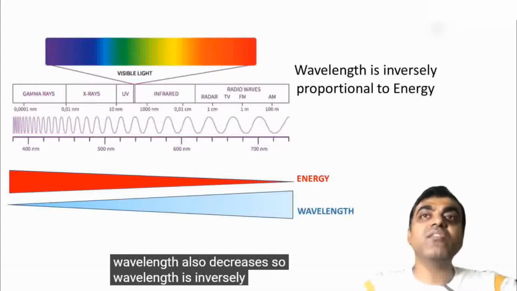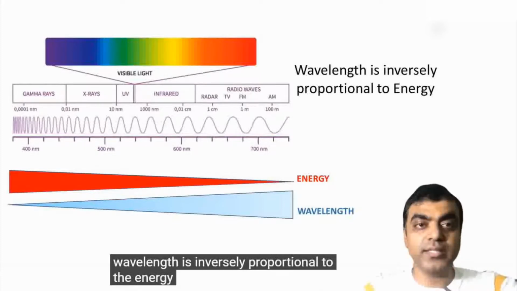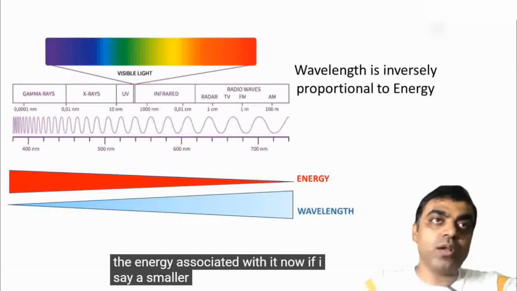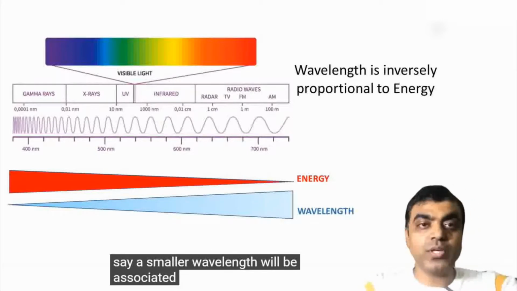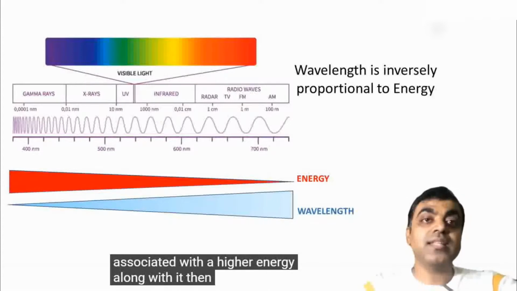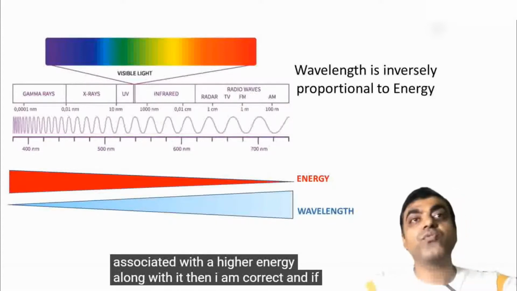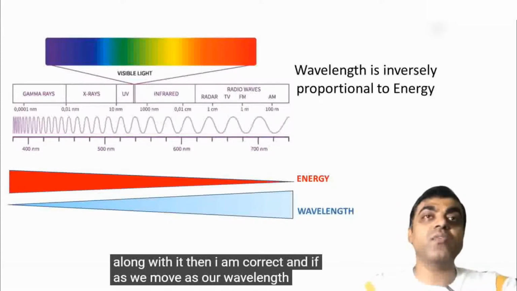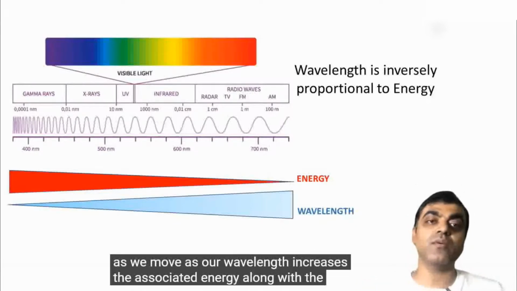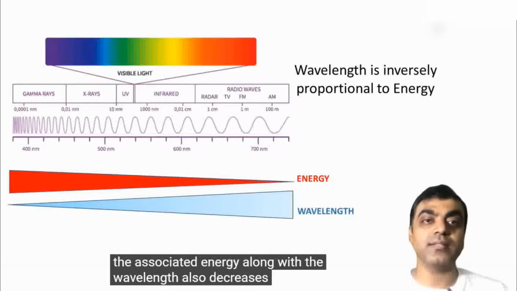Wavelength is inversely proportional to the energy. A smaller wavelength is associated with a higher energy, and as the wavelength increases, the associated energy decreases.